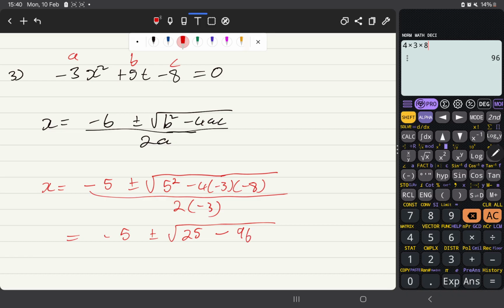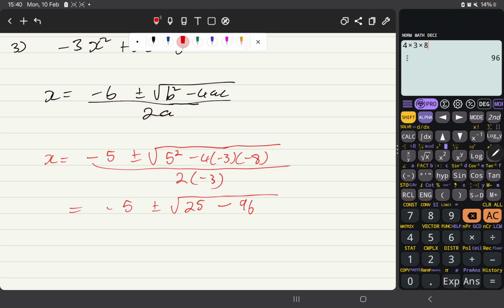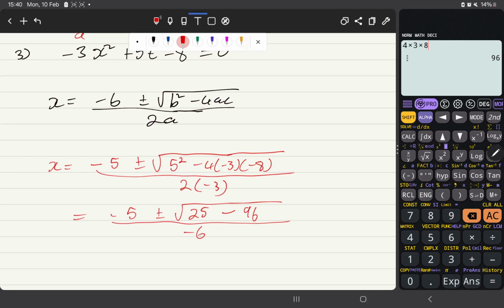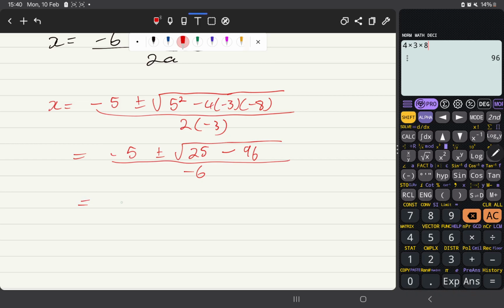Then you have minus 6 right here. Cool stuff. So we have minus 5 plus or minus the square root of 25 minus 96, that's going to be minus 71.